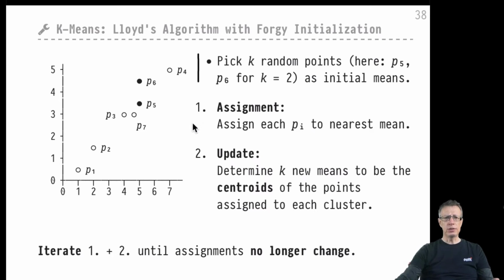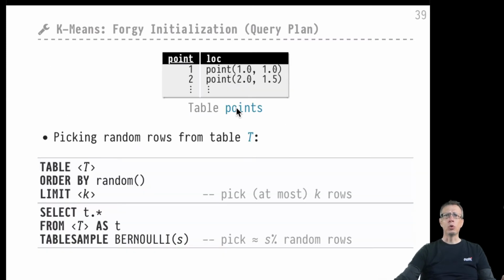Right, so, first things first, how would we implement this particular step? Given a set of points, pick k random points and make these the first initial cluster means. There are multiple ways to do that. Of course, we would need a table of points, the representation of our data space, the two-dimensional grid of points that we've seen before.